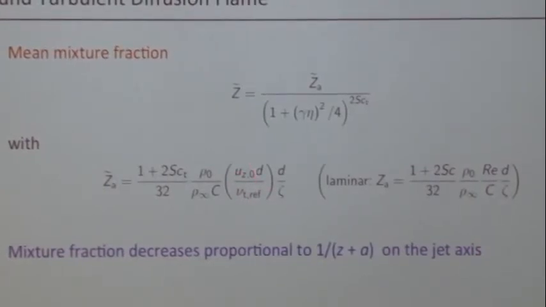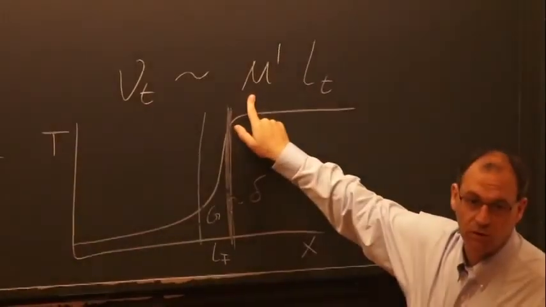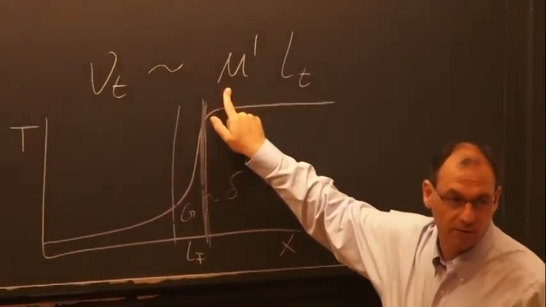So in the laminar case, you see this was U times D divided by nu. That is the Reynolds number. But here we have U times D divided by nu T. Now nu T is not the molecular viscosity, okay? We said earlier, nu T is U prime times LT. But U prime, to some degree, is proportional to U, to the jet exit velocity.